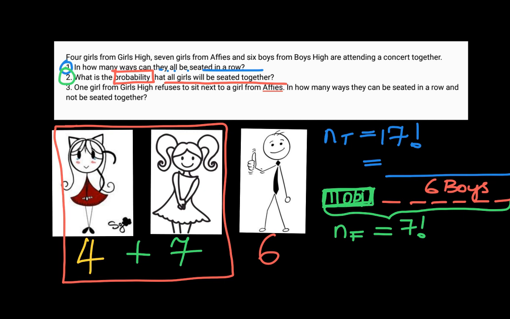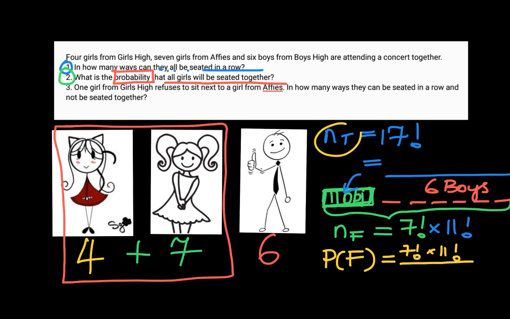Well, I hope again that you say no, because inside the brick, I still have 11 girls that can move around, which means that the probability of my favorable event, which in this case is all girls being seated together, is 7 factorial times 11 factorial over the total number of possible events, which is 17 factorial. Press your calculators.